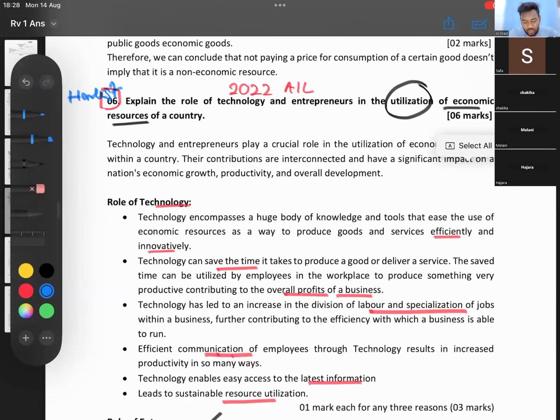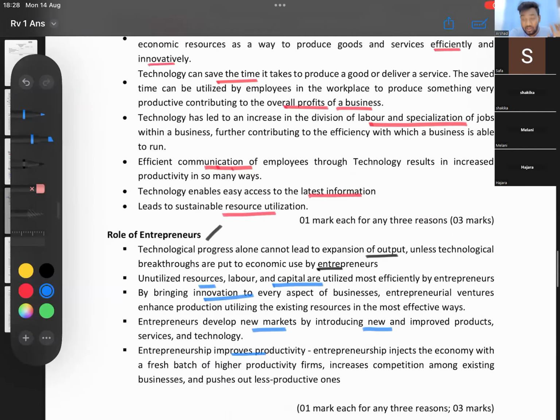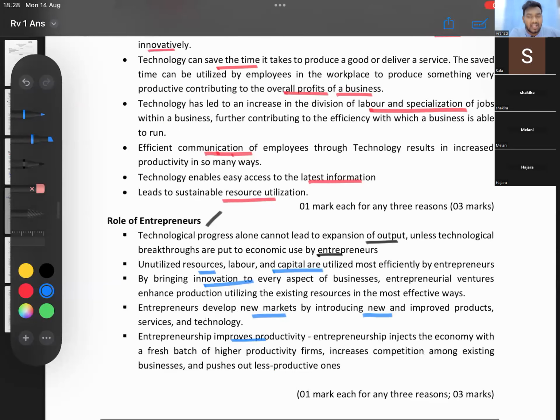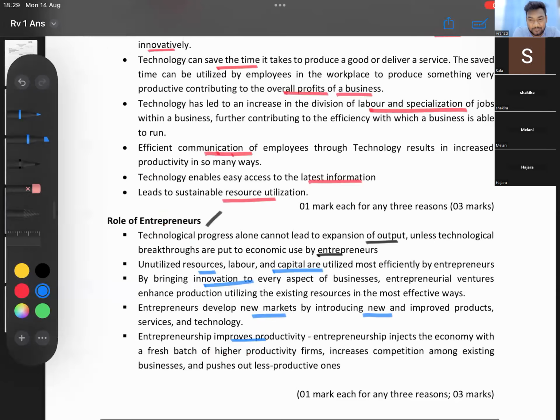So I want you all to read this, see what you understand, and come up with the answer on your own. Can you all do that? It's a good question to improve your answer writing skills, right? So it has to be in proper format.